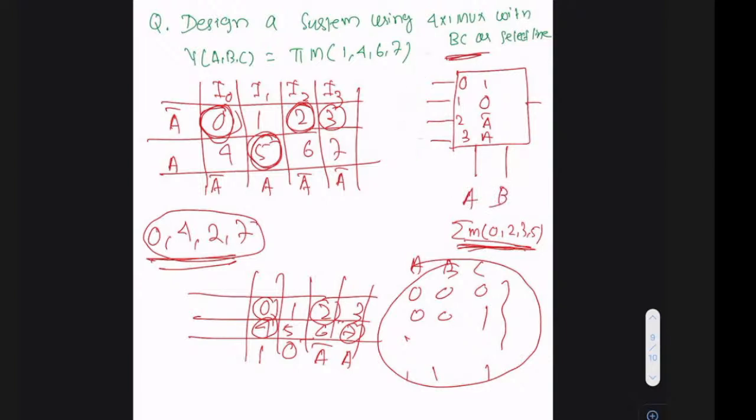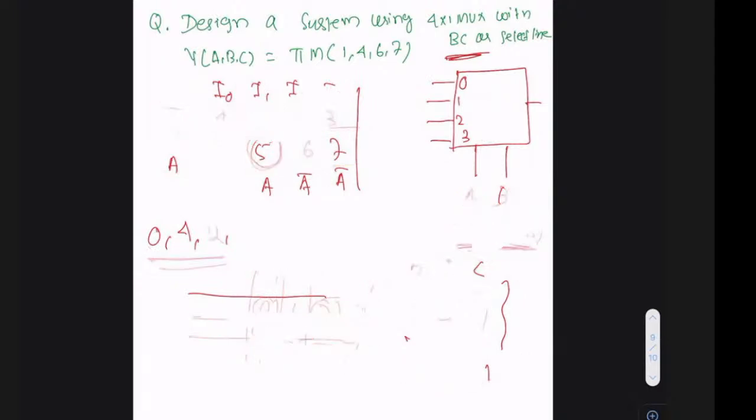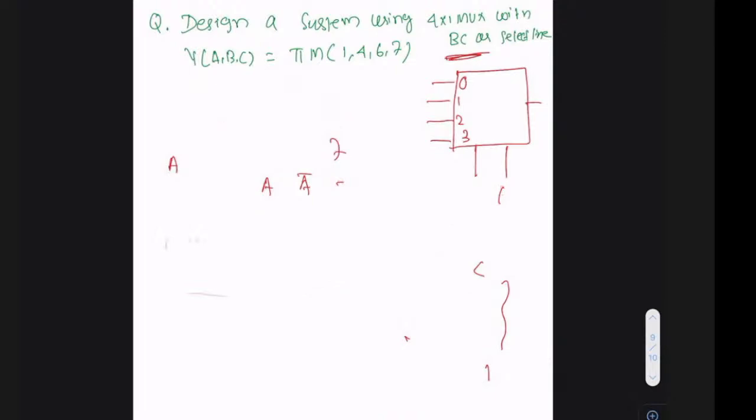Then what should be connected to the inputs? If AB is used as the select line, then what's going to happen?